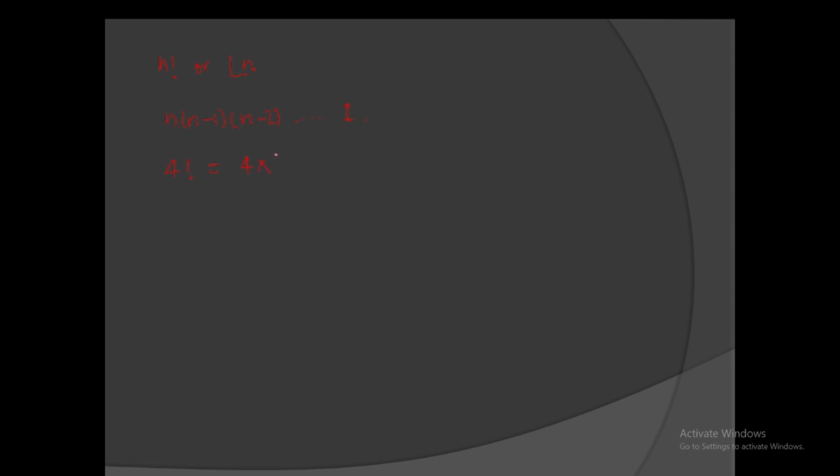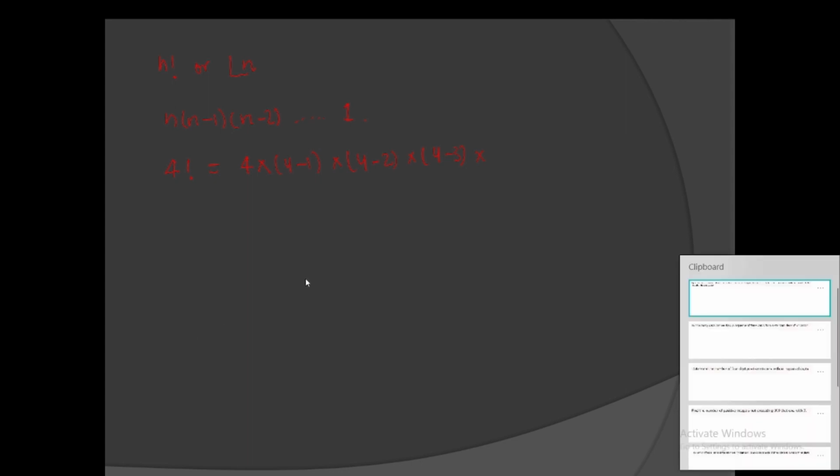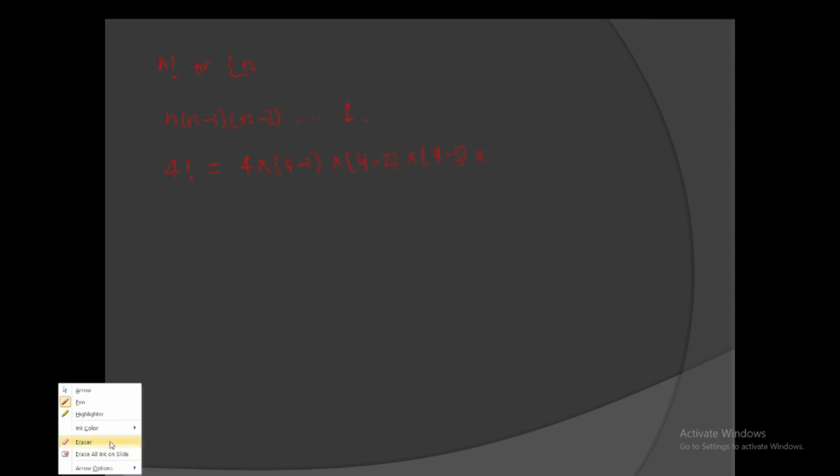4 into 4 minus 1 into 4 minus 2 into 4 minus 3. So basically over here what we get is 4 into 3 into 2 into 1, which is 24. 5 factorial is what? 5 into 4 into 3 into 2 into 1, which is basically 5 into 24, which is 120.